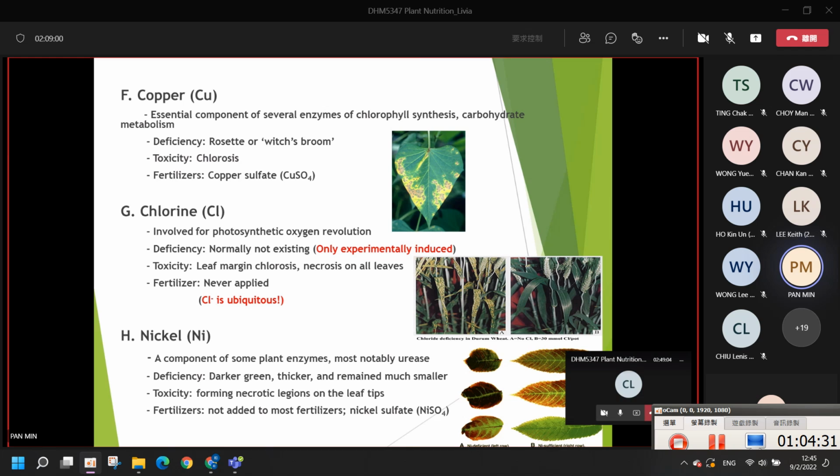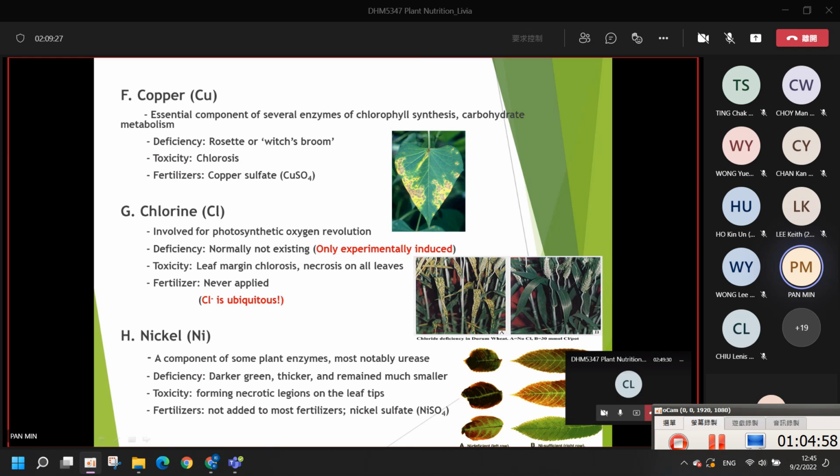And the last micronutrient is nickel. Nickel is a component of some plant enzymes, most notably urease. The deficiency will show darker green, thinner leaves that remain much smaller. You can see that the leaf is much smaller than the normal one.